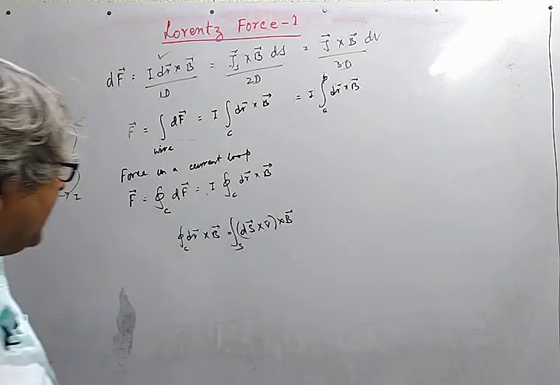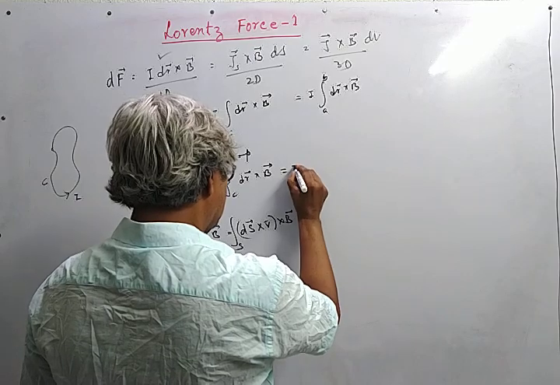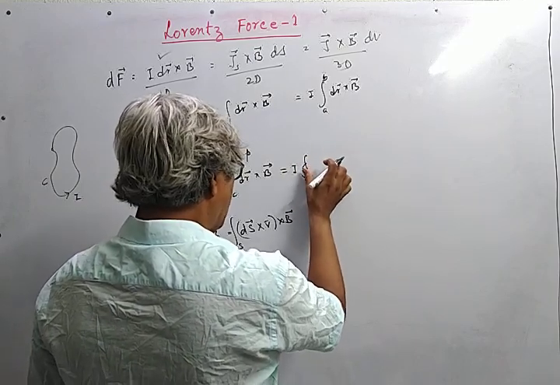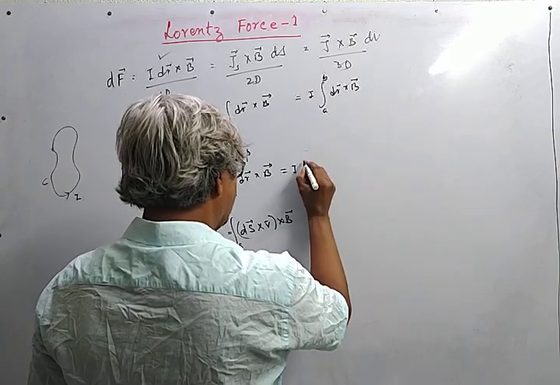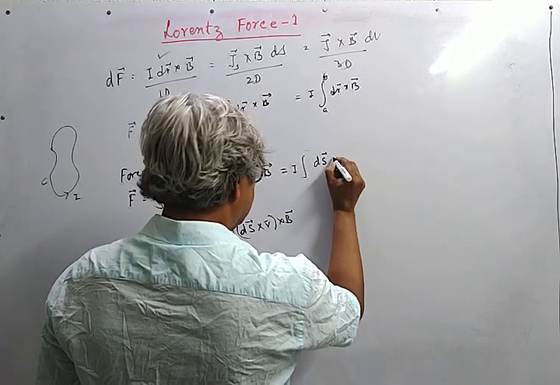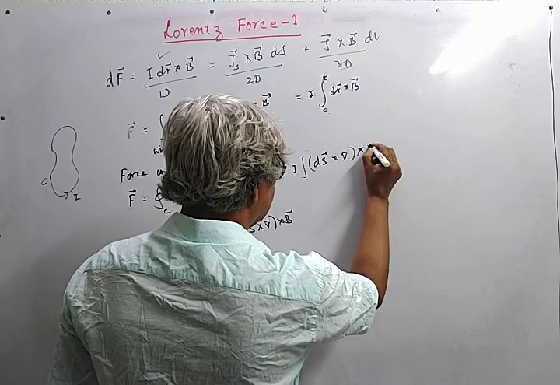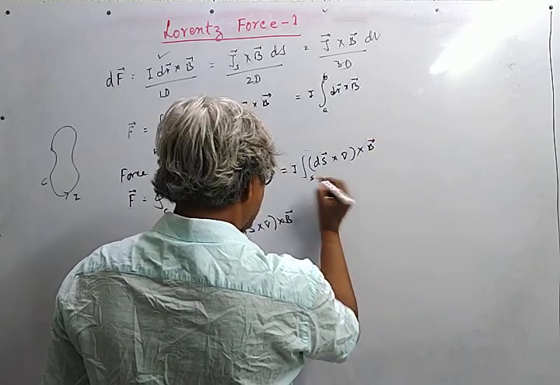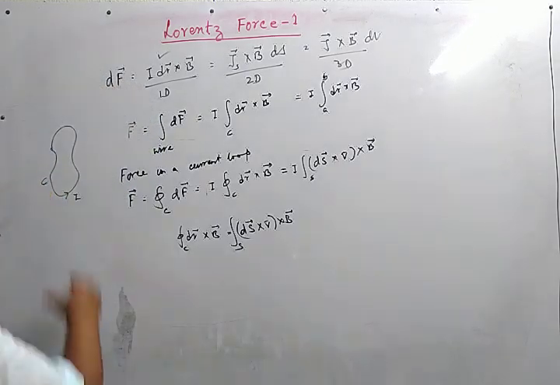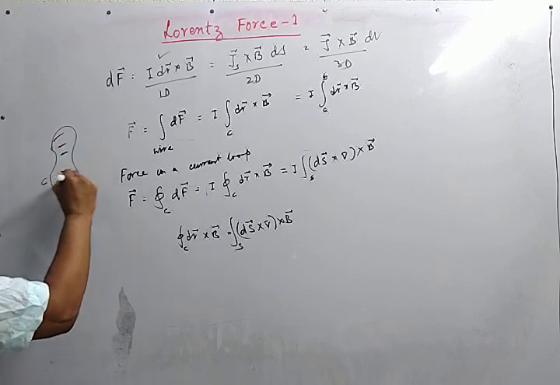So if we apply this, this becomes a surface integration, where S is the surface bounded by the contour C. So S is this surface area.